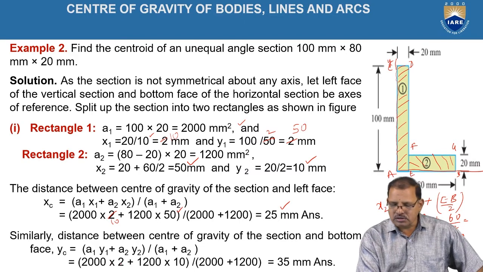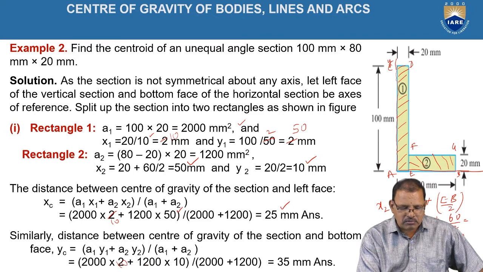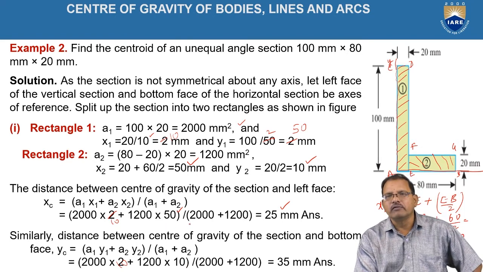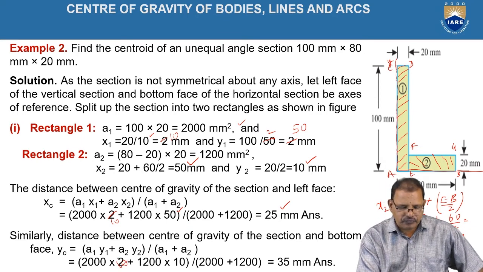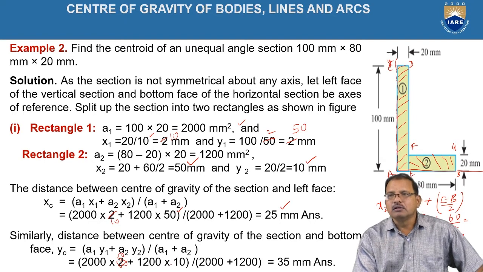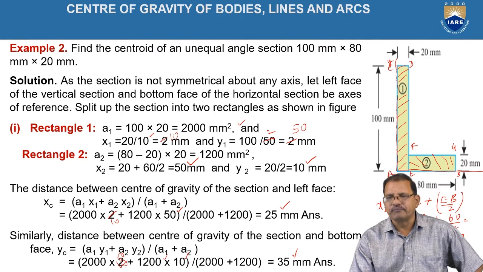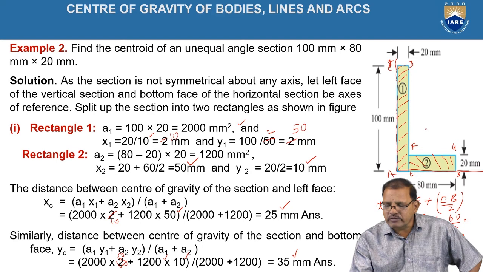That is 2000 into y1, which is equal to 50, plus the second one, the area of the cross section, which is equal to 1200, into 10, divided by A1 plus A2, which is 2000 plus 1200, which is equal to 35 mm. If we observe, the center of gravity is somewhere here.